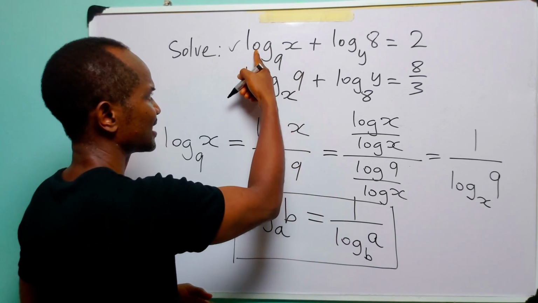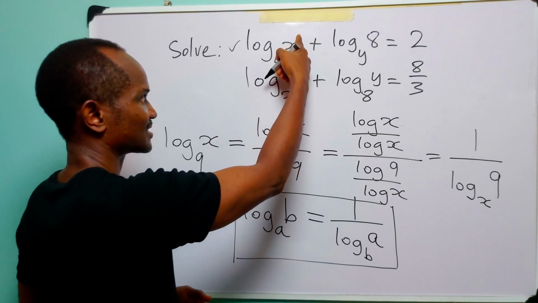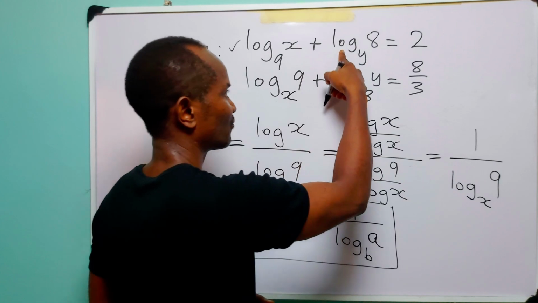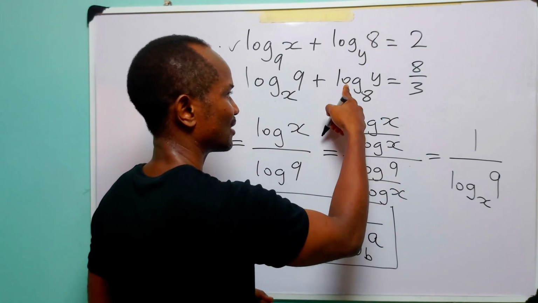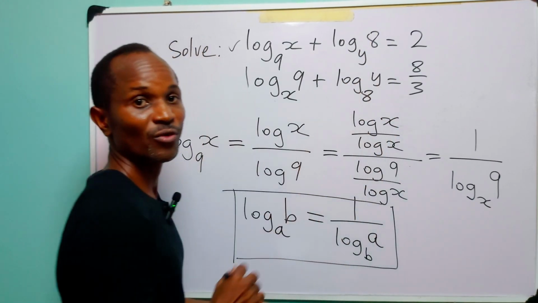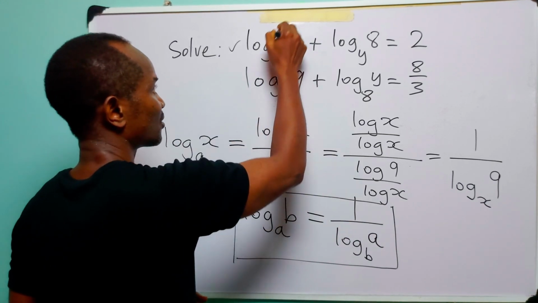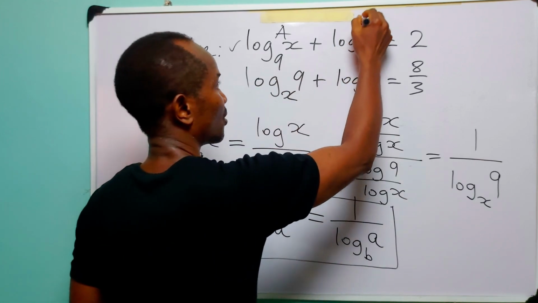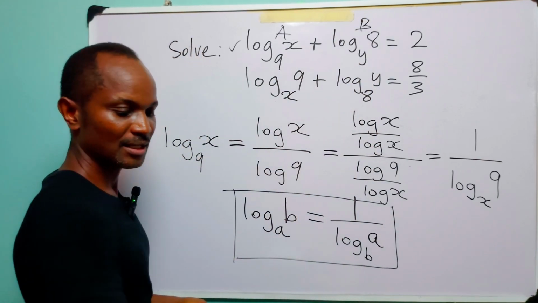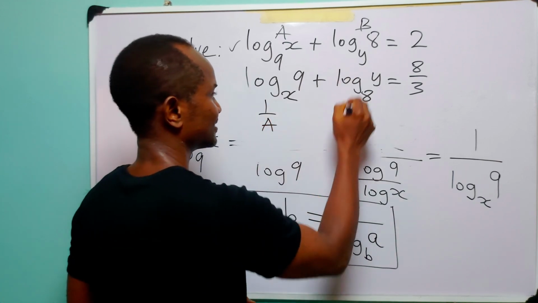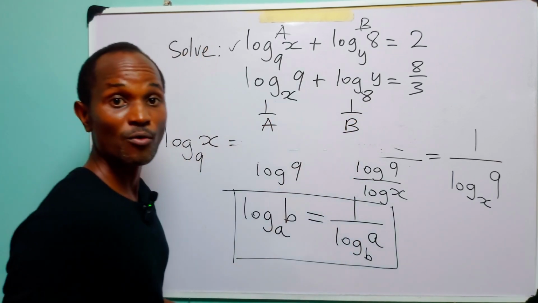Because when you look, you can see that we have log to base 9 of x, and here we have log to base x of 9. Here we have log to base y of 8, and here we have log to base 8 of y. So that simply means that, for instance, if we decide to call this a and to call this b, then this is going to be 1 over a and this is going to be 1 over b.